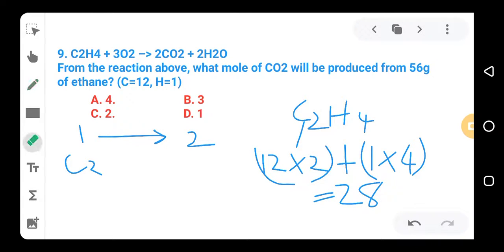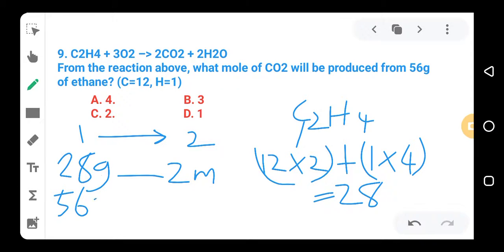So we now have that this 1 mole is equivalent to 28 gram. So 28 gram gives us 2 moles. Therefore, 56 gram will give us how many moles? Do cross multiplication.